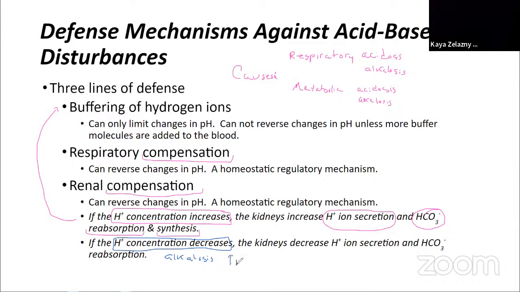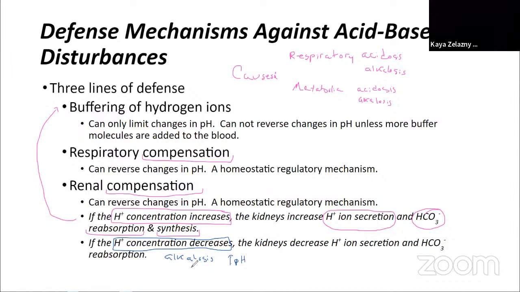I specifically asked you that because it's kind of tricky to keep in mind the decrease in hydrogen ions going with the increase in pH. I just want to flag that so that you can make sure you get that straight in your head. When our hydrogen ion decreases, our pH goes up. In alkalosis, our pH is more basic.